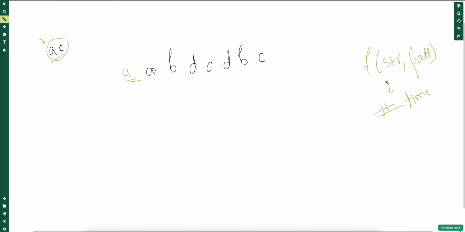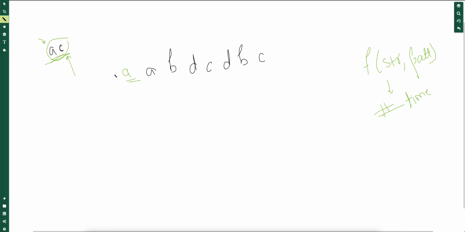So for simplicity, let's assume that this is the string, and we need to find out how many times AC appears in the string. So how to do that? We have to count the number of times AC occurs, and we know that it is ending with C, right?